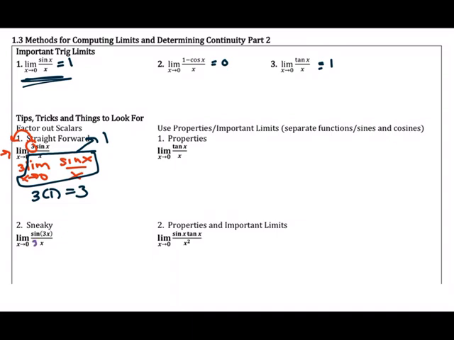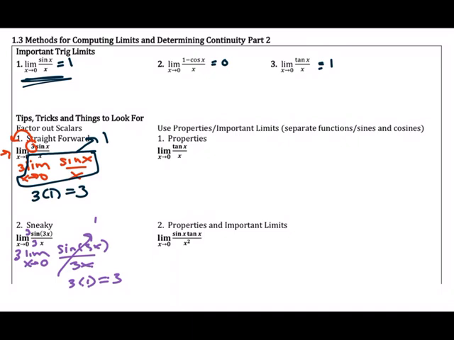That would make this limit give us what we need, which is that this would go to 1. Well, I can put a 3 there as long as I put a 3 in the numerator, because what I have done is changed this limit by multiplying it by 3 over 3, or multiplying it by 1, which means that I can take 3 times the limit as x approaches 0 of sine of 3x over 3x. This goes to 1, so this becomes 3 times 1, which is also equal to 3.